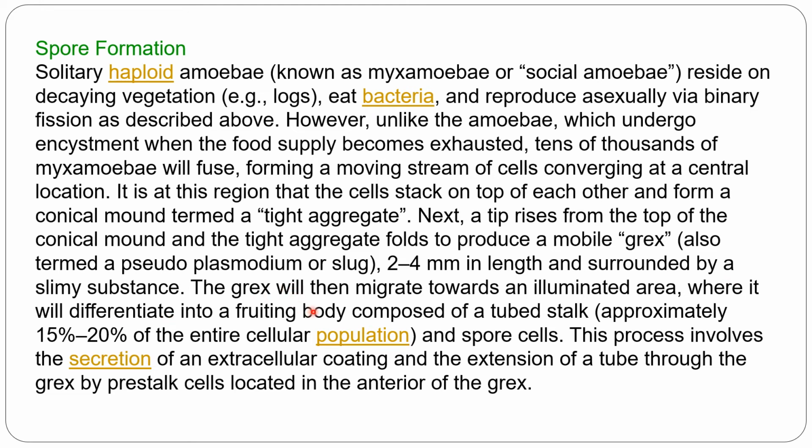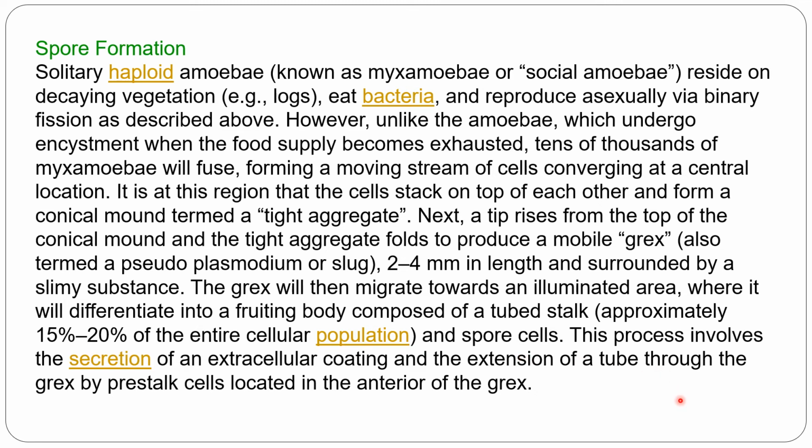The grex will then migrate towards the illuminated area where it will differentiate into a fruiting body composed of a tube stalk, which is approximately 15% to 20% of the entire cellular population, and spore cells.